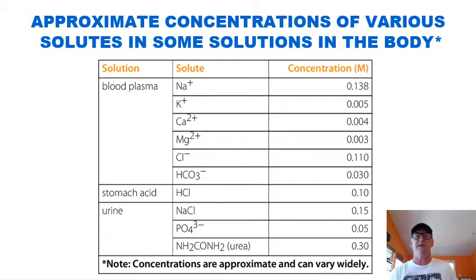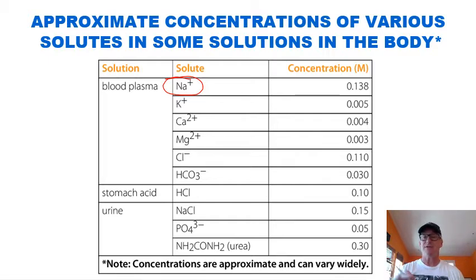So these are the approximate concentrations of some of the solutes we typically associate with being found in the body. You can see that outside in blood plasma, we have quite a high concentration of sodium. But then inside the cells, you're going to see more potassium. So there's an imbalance between the concentration of sodium on the outside of cells and potassium on the inside.